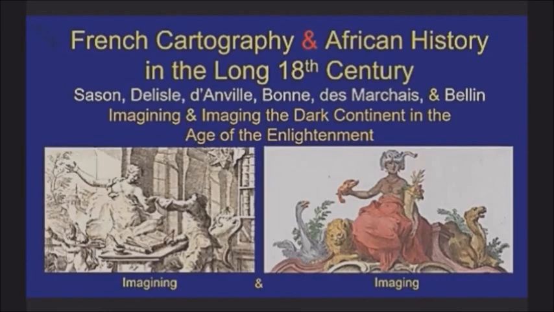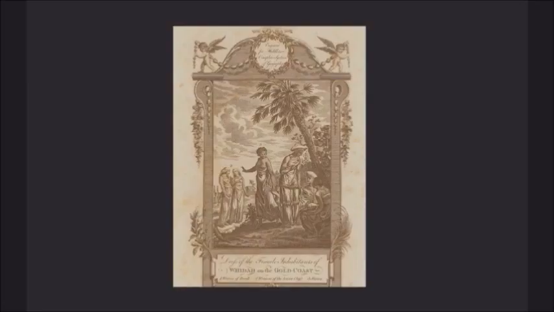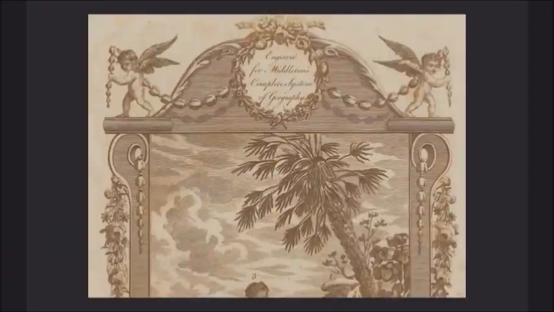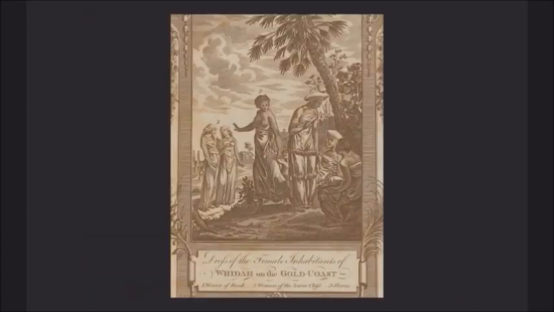And the European cartography of the age is dominated by the French during the 18th century. In the 19th century, it has a lot to do with representing idealized pictures of African life in things like Middleton's complete system of geography, where the dress of female inhabitants of Ouida on the Gold Coast is presented in detail.